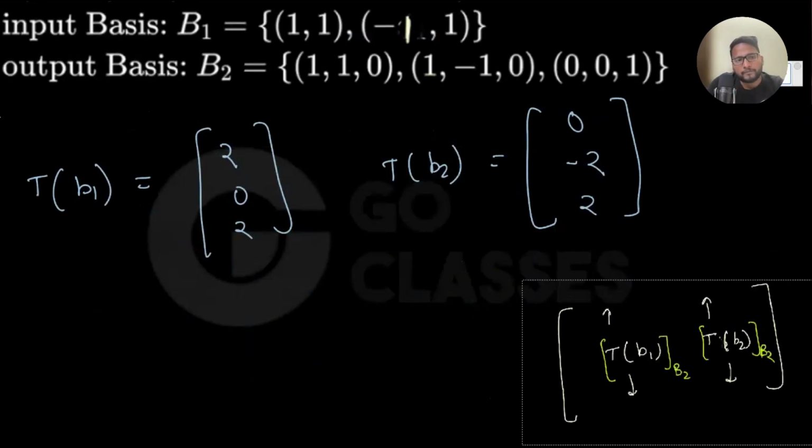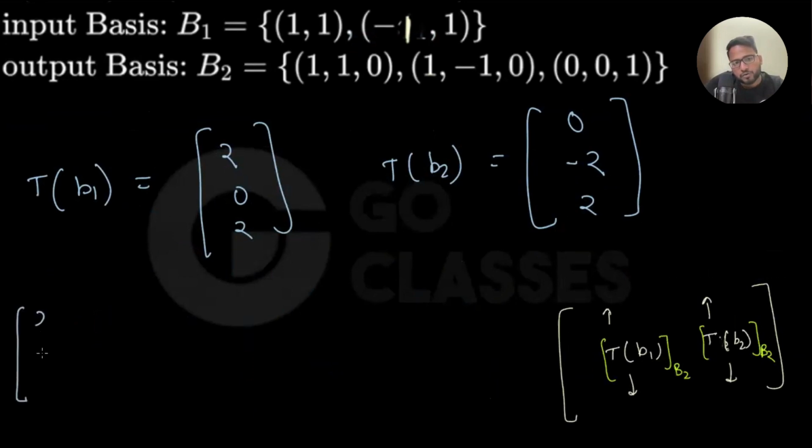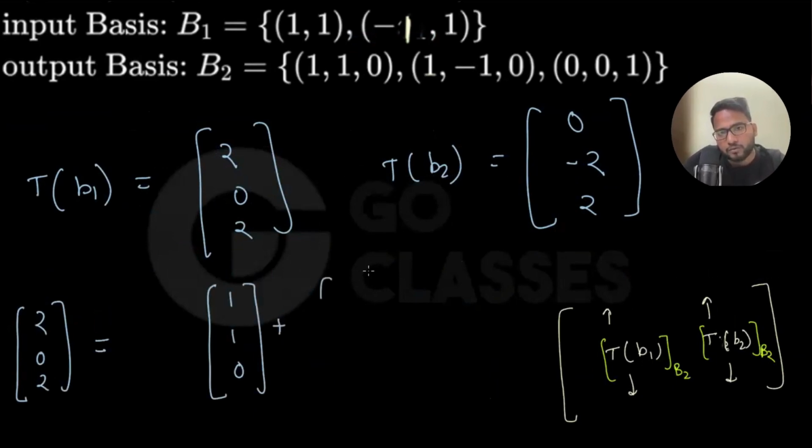So can you tell me, this 2 0 2 is equal to something into 1 0 1, 1 1 0, plus something into 1 minus 1 0, plus something into 0 0 1. What are those things?